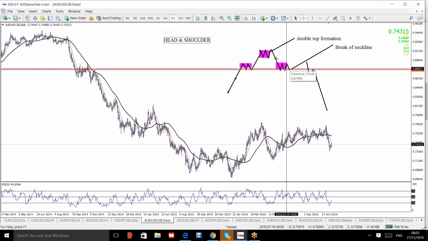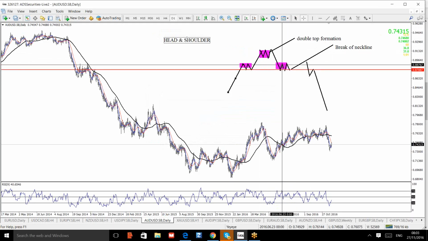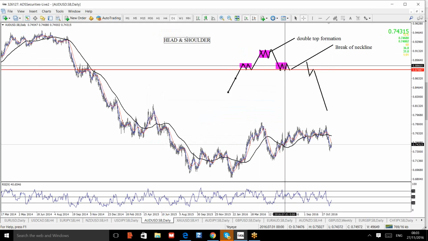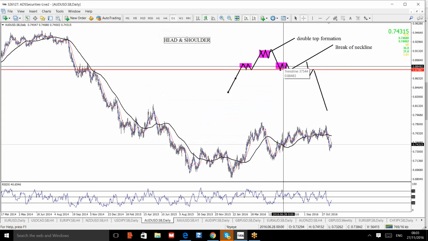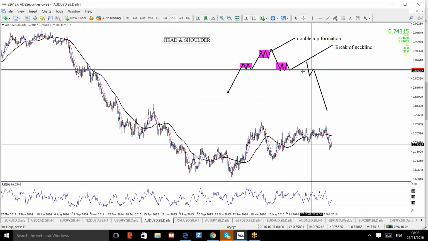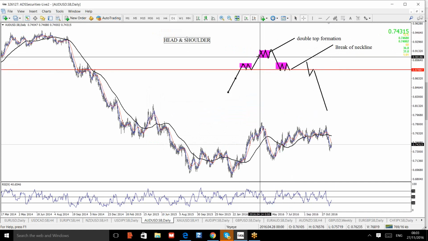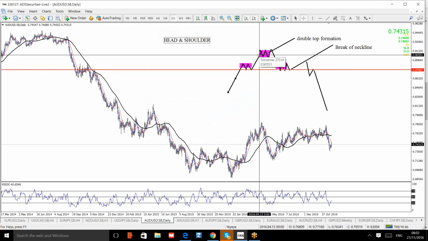Then the price goes down and forms a right shoulder, and when the price breaches this right shoulder, which is the neckline, that is where your trigger is. So double bottoms and double tops trigger when the price breaches the neckline. Understand, all of you?